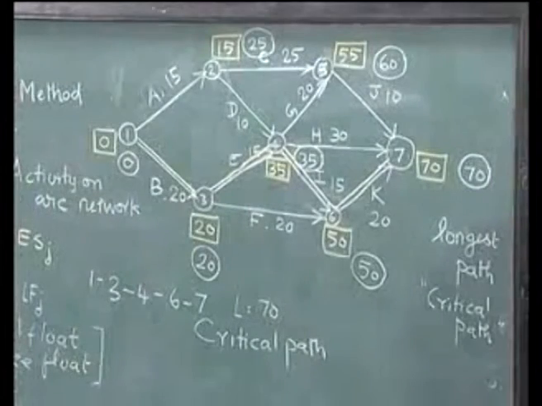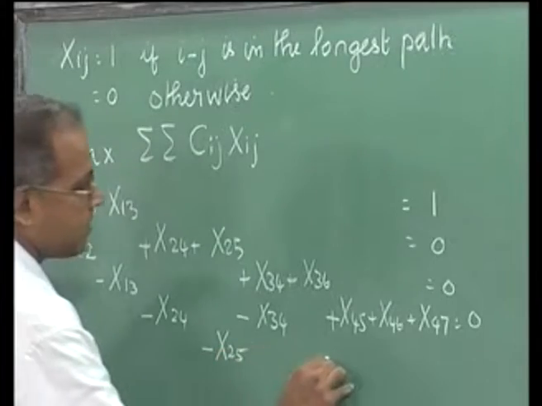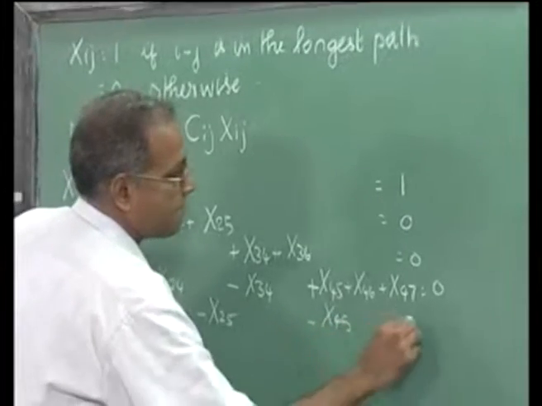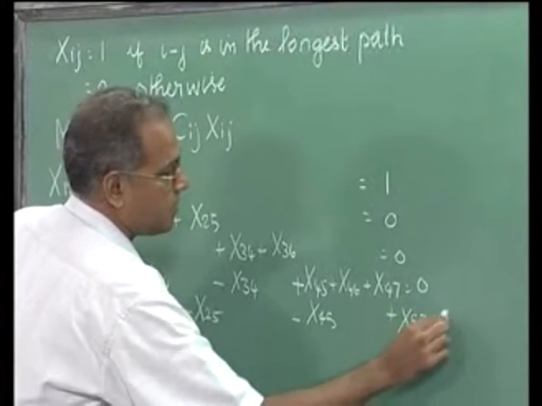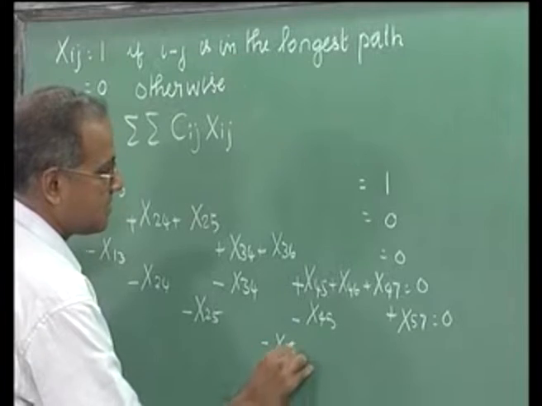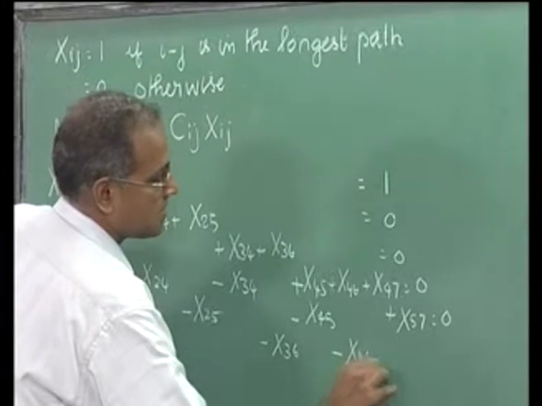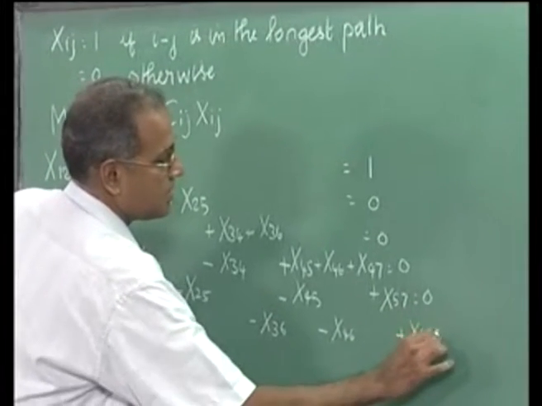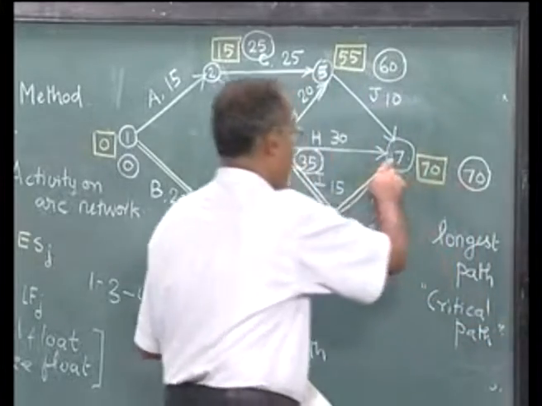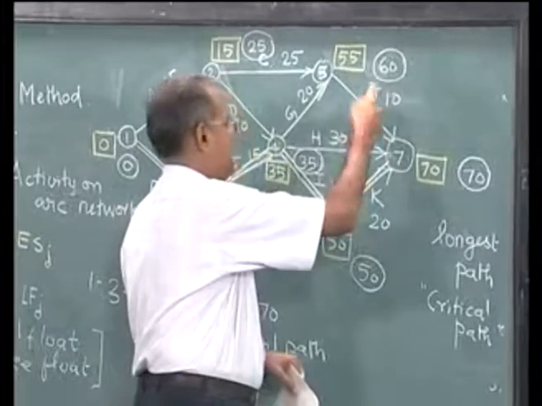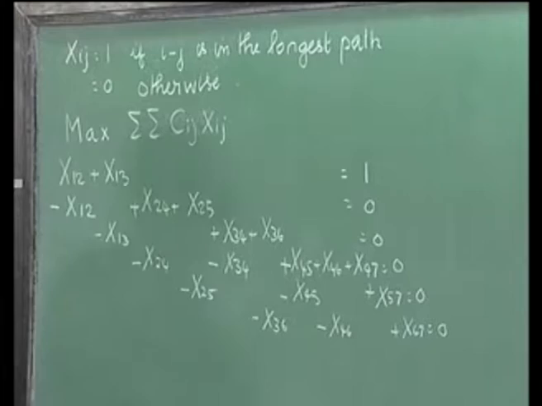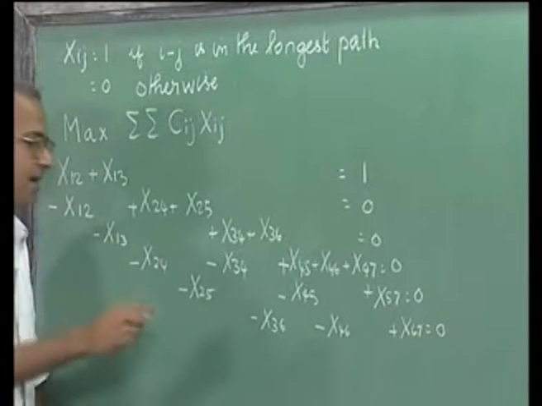For 5 we have minus x25 minus x45 plus x57 equal to 0. For 6 we have minus x36 minus x46 plus x67 equal to 0, and for 7, which is the end node, we have minus x57 minus x47 minus x67 is equal to minus 1, because the longest path should end at 7.